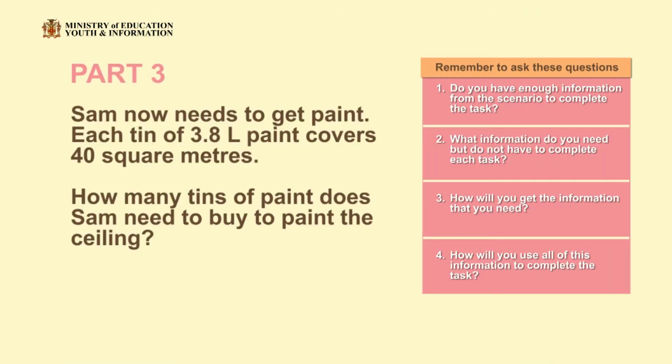Sam now needs to get paint. Each tin of 3.8 liter paint covers 40 square meters. How many tins of paint does Sam need to buy to paint the ceiling? What information is needed to complete this task?